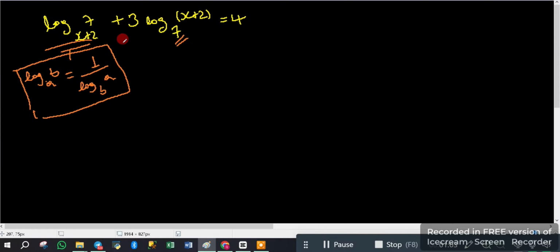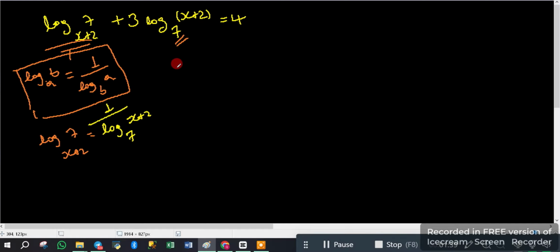So to do that, you have to change this one. That means log 7 base x plus 2, based on the base change relation, you have to write it as 1 over log x plus 2 base 7.